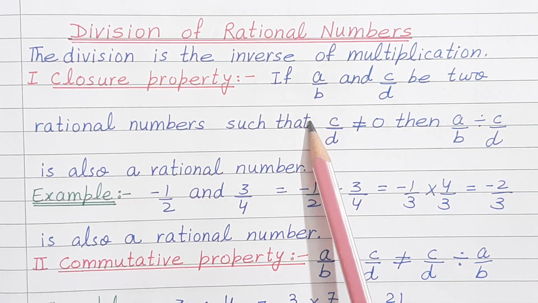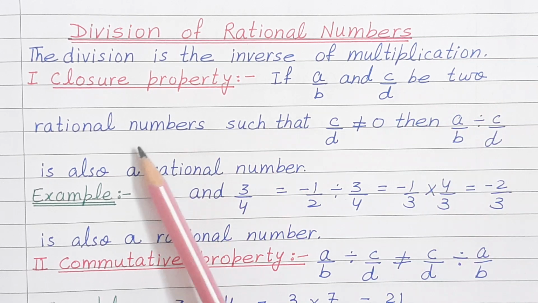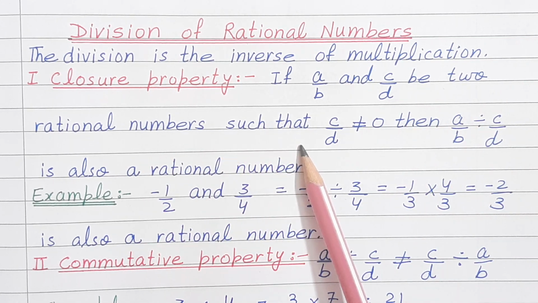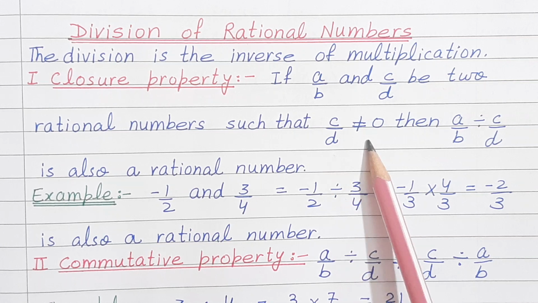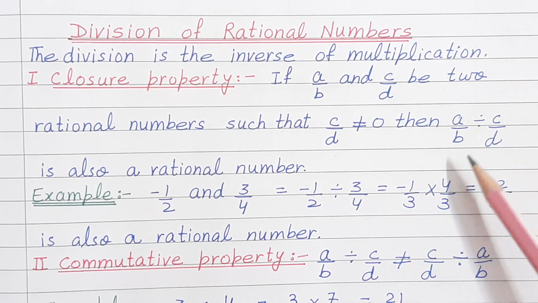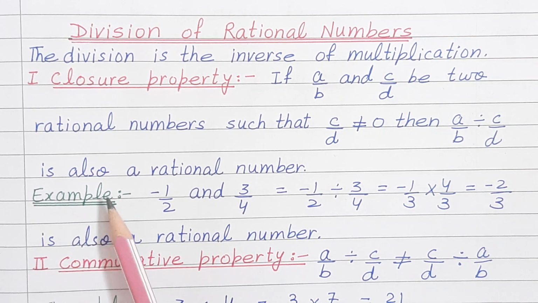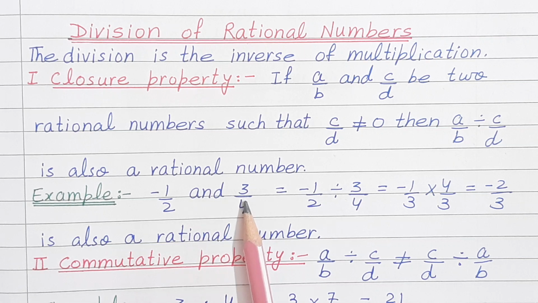If A upon B and C upon D are two rational numbers such that C upon D is not equal to 0, then A upon B divided by C upon D is also a rational number.